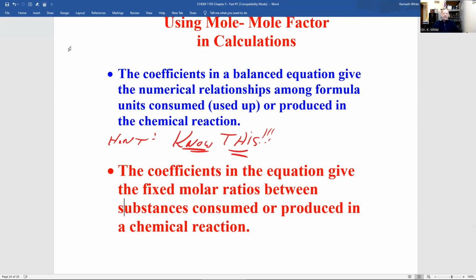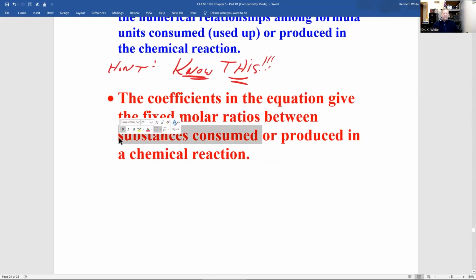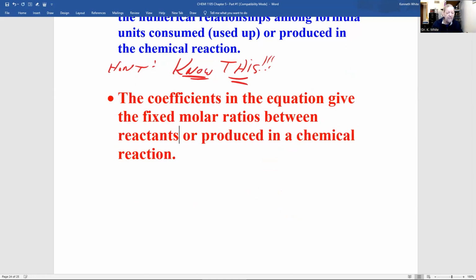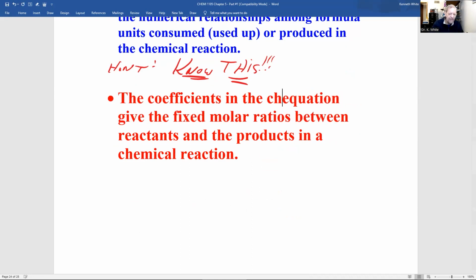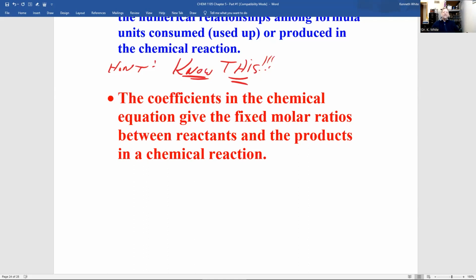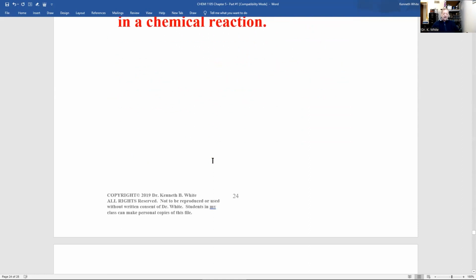The coefficients in a chemical equation give the fixed molar ratios between the reactants and the products in a chemical reaction.